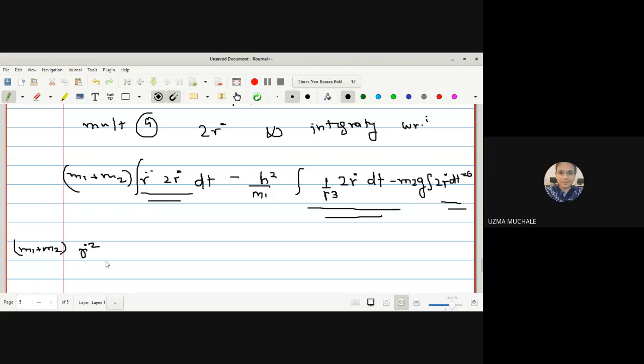So if you are confused, you can take a derivative. What is the derivative? 2r dot r double dot. So this is the result. Now what is here? As it is, 1 upon r cube 2r dot dt. Correct? How to solve this integration now?